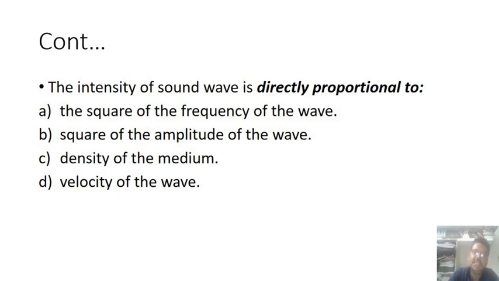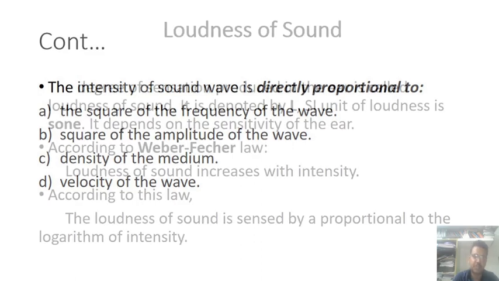Next, the intensity of the sound wave is directly proportional to the density of the medium. The intensity of the sound wave is directly proportional to the velocity of the wave. So all depend directly upon the variations of all these things. That is about intensity of sound.